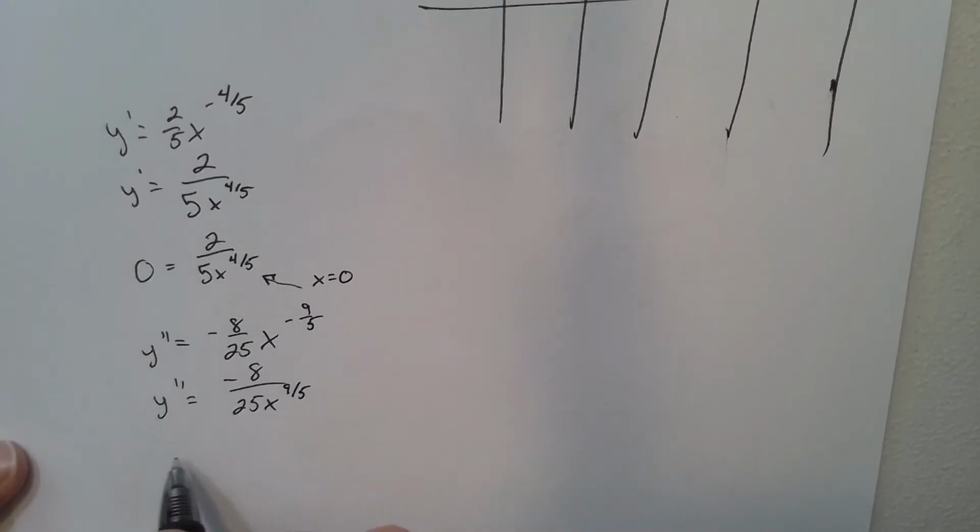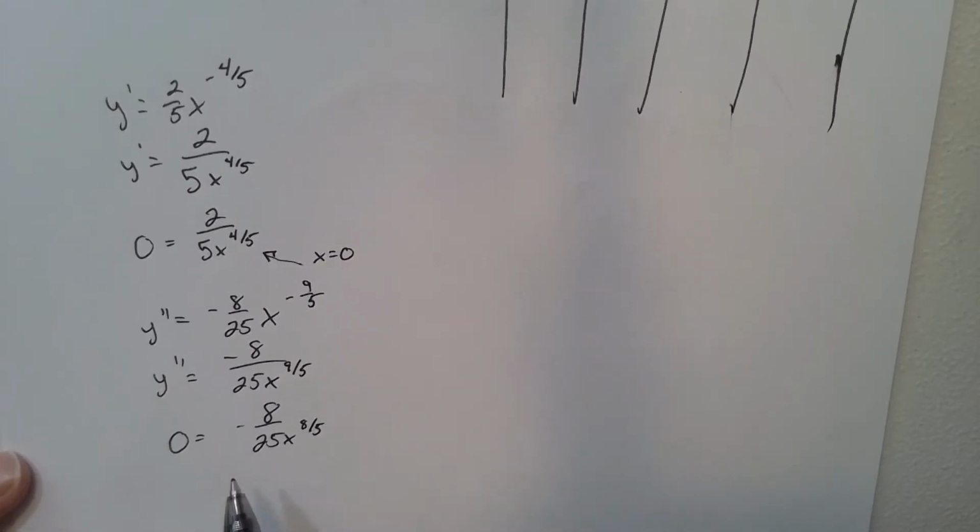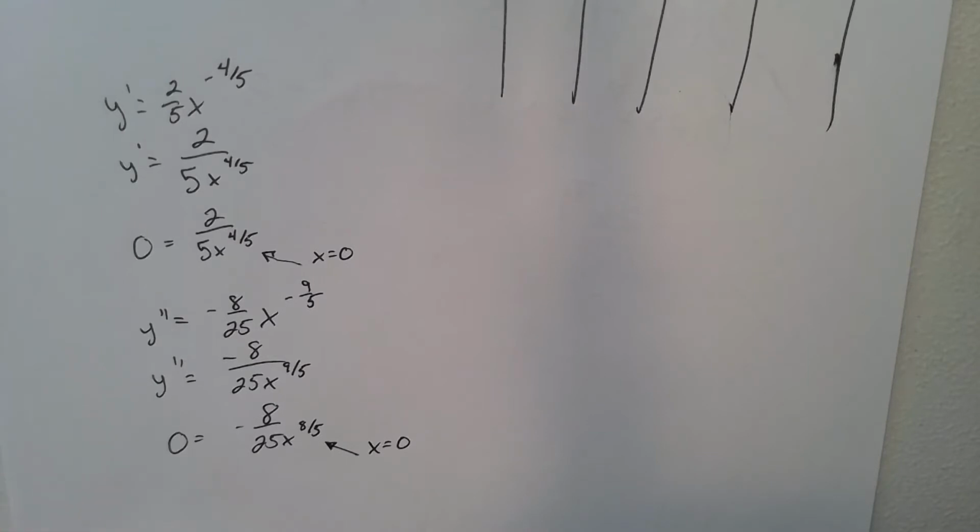We set the second derivative equal to 0. We'll get no solution because it's just a fraction, where it's just negative 8 on top. But we could have an inflection point at x equals 0. So something's going on at 0. We have an undefined derivative, and if the first derivative is undefined, the second derivative is going to be undefined at 0.